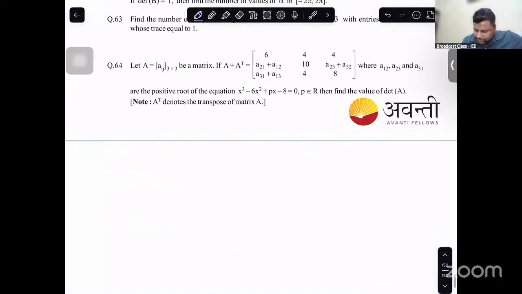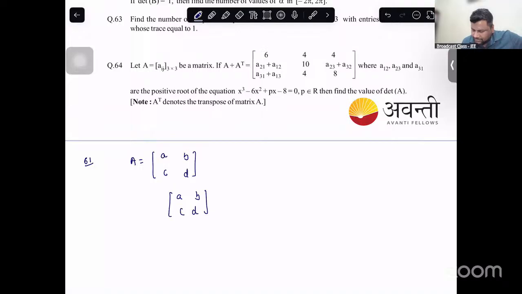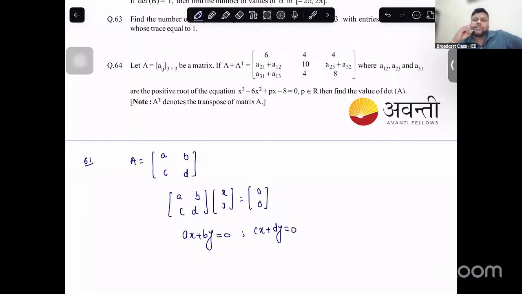Let us assume that the matrix we are talking about is A, B, C, D. Now A, B, C, D multiplied by X and Y, and what do you get? You are getting 0, 0. That means AX plus BY is 0 and CX plus DY is 0. Yes or no? Tell me.